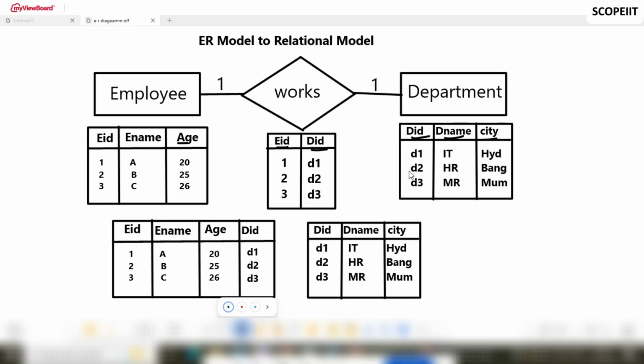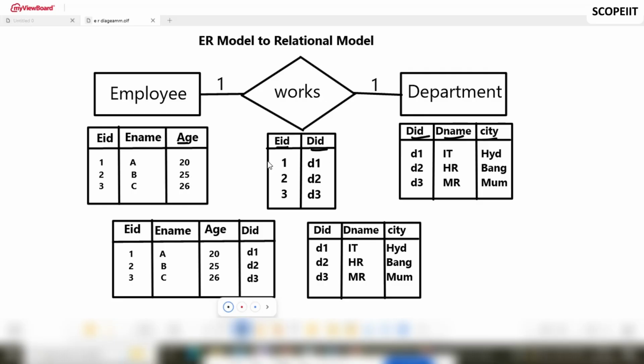So if your tables are separate, the employee table gives you information about employees, the department table gives you information about departments, but who will give you information about which employee works in which department? That we don't know. That information will be given using this joining, or you can say using this relational diagram.